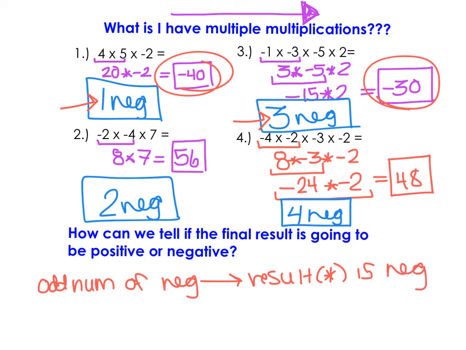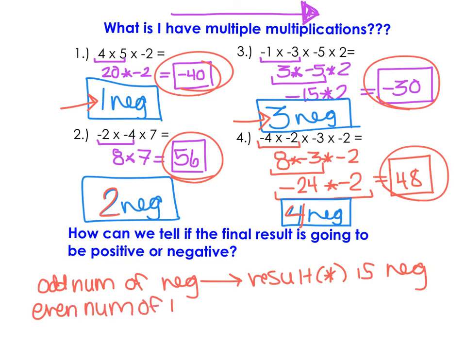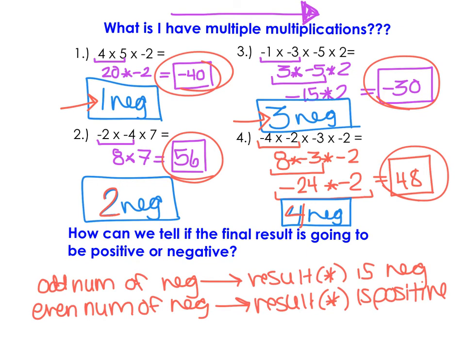However, if you look down here, if you have an even number like 2 or 4, the result will be positive. So if you have an even number of negatives being multiplied in your problem, that result of multiplication will be positive. So be on the lookout for those trickier multiplication problems that might result in a positive or a negative depending on how many multiplications they have in them.